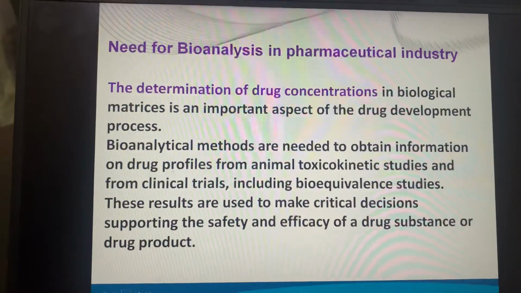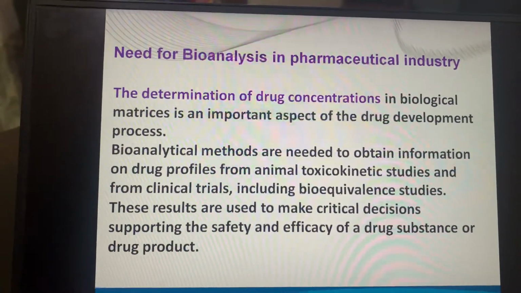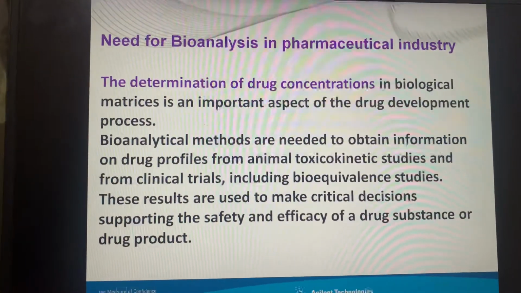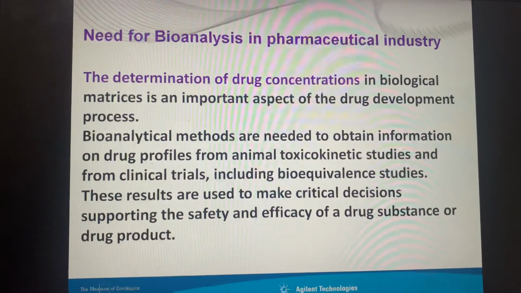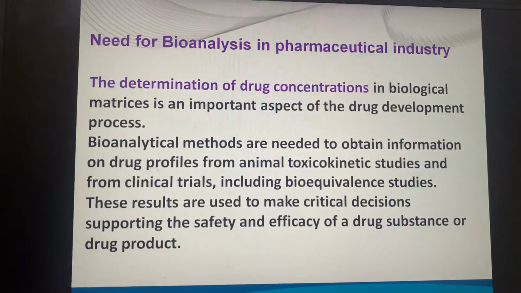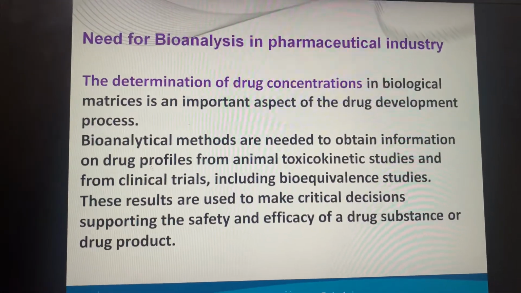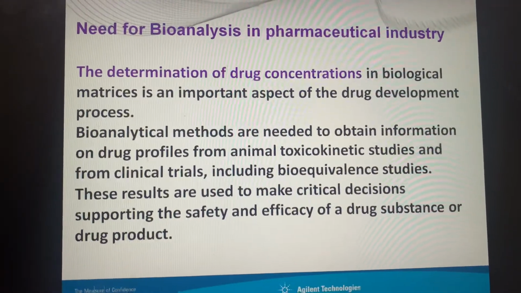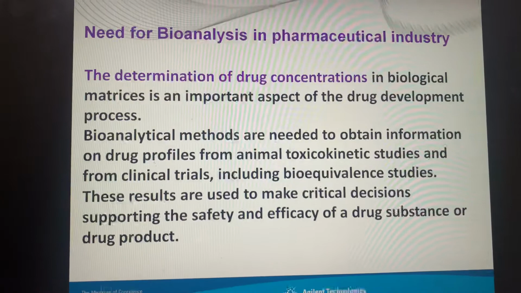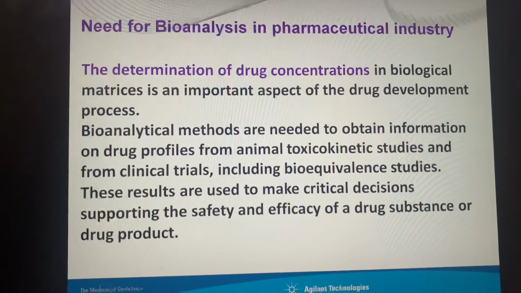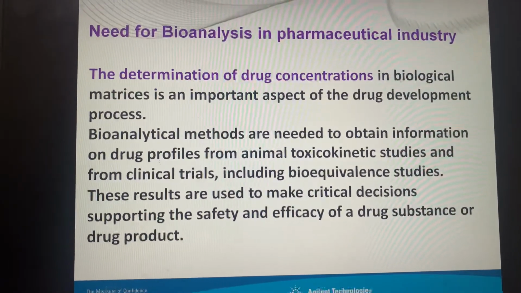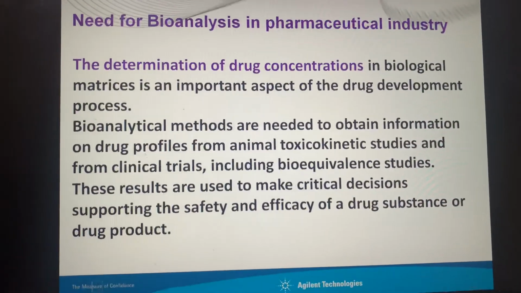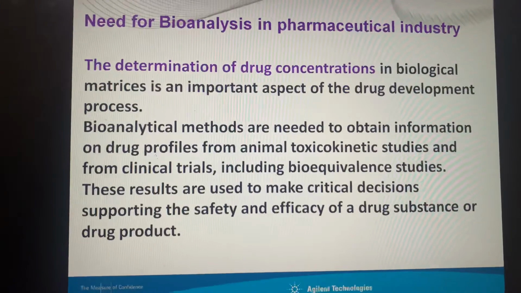For the detection of drugs, either in humans or for initial pharmacokinetic studies, the drug concentration inside the body needs to be determined. So bioanalysis of drugs is an important aspect of the drug development process.